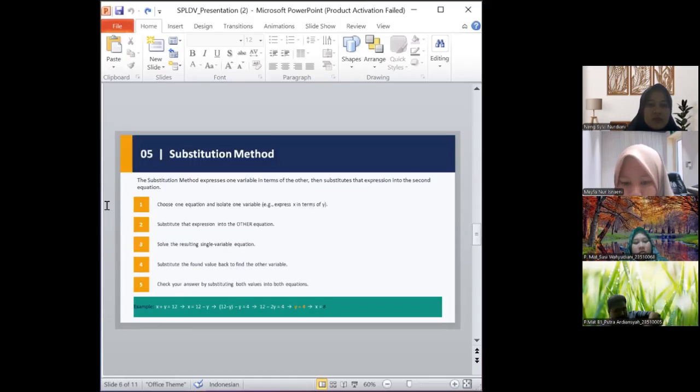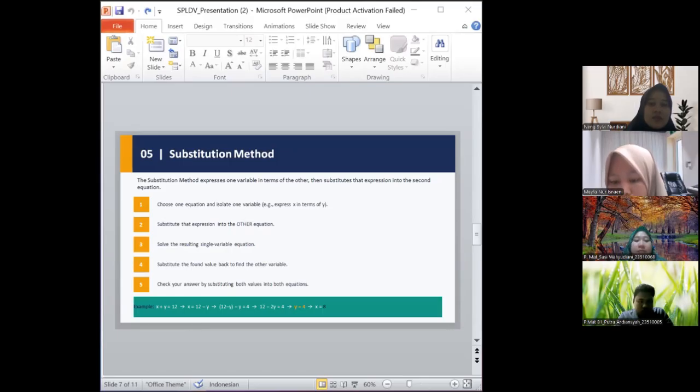In the substitution method, we express one variable in terms of the other. From equation 1, x plus y equals 12, we can isolate x equals 12 minus y.